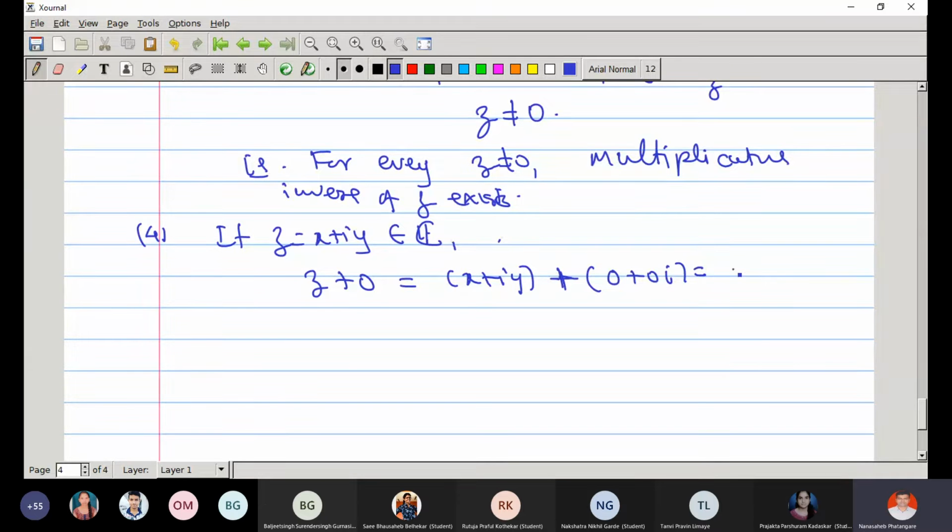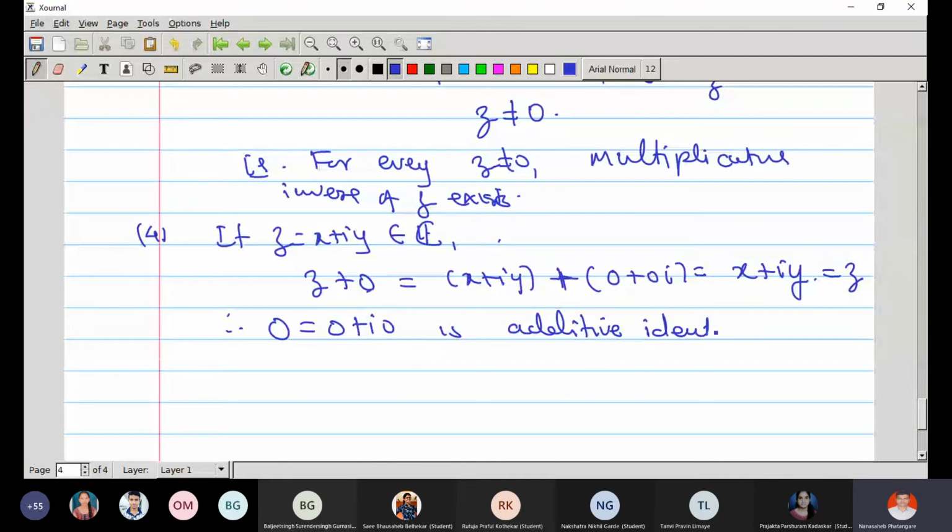Is it the same complex number? Right. And therefore, any complex number added with the 0 complex number gives the same. Therefore, 0, which is 0 plus I times 0, is the additive identity in the set of complex numbers. Correct? This is the additive identity.